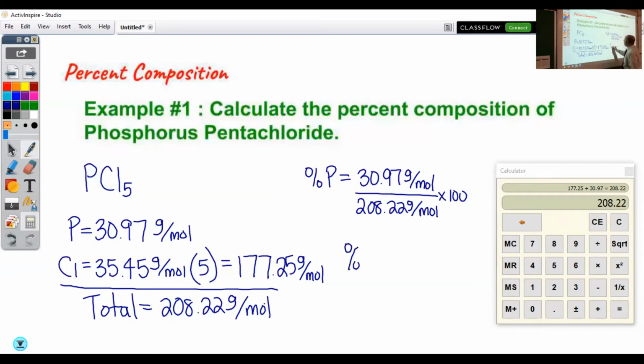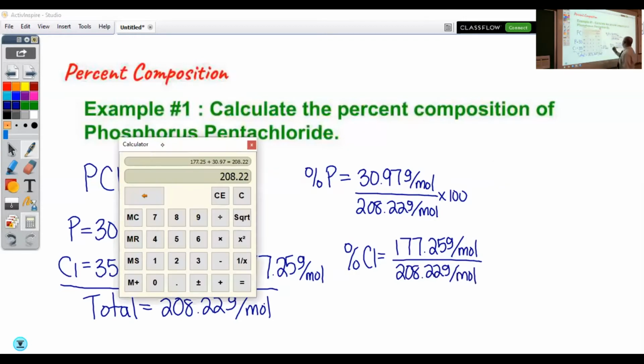My percent chlorine is going to equal the total mass of chlorine, 177.25 grams per mole, divided by my total mass, 208.22 grams per mole. Again, we're going to multiply by 100.